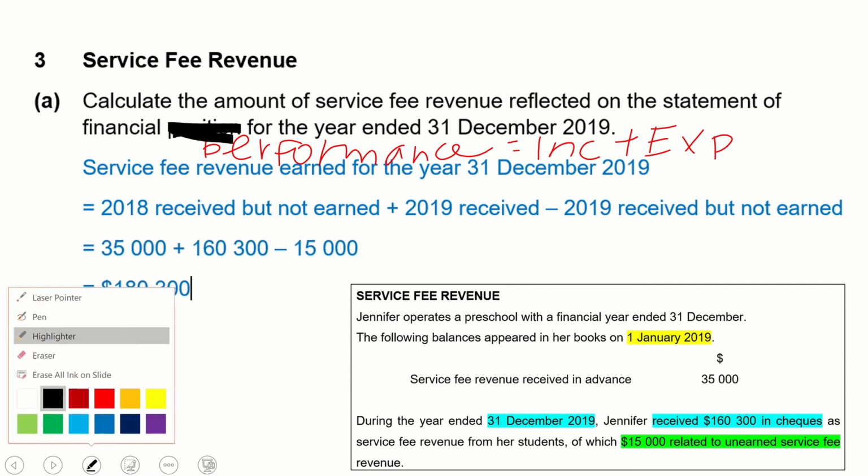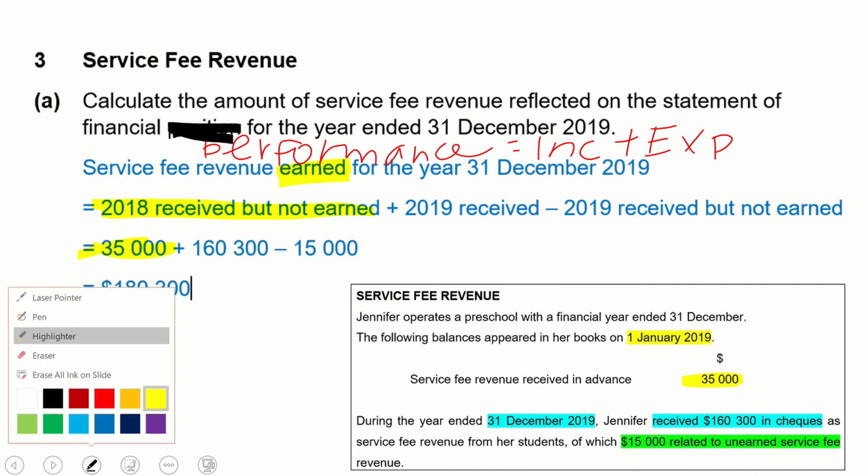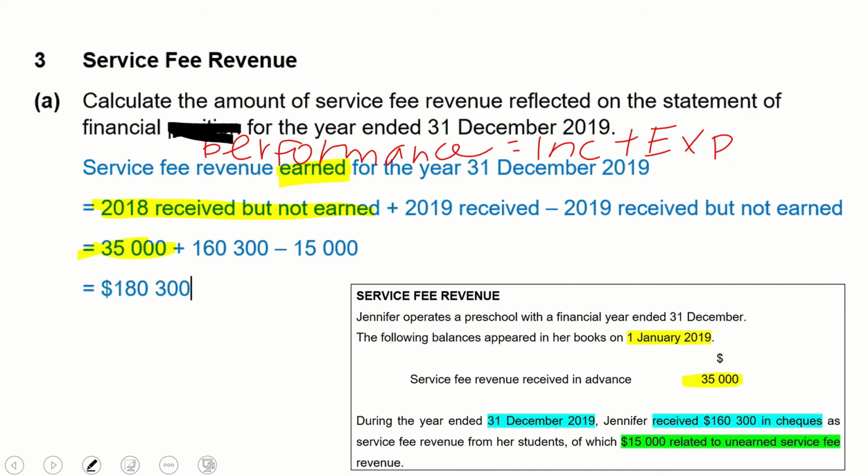We're going to record the service fee revenue that is earned for the year. So what is the service fee revenue that is earned for the year? Firstly, whatever you received last year but you haven't earned it. So that is your $35,000 from your question. The second one is whatever you have received this year. You received 160,300, so you add that in as well.